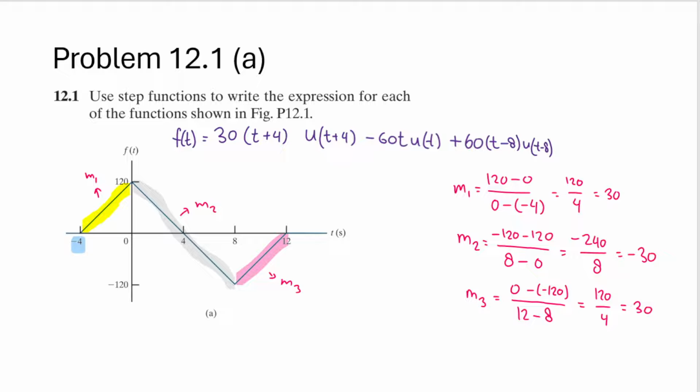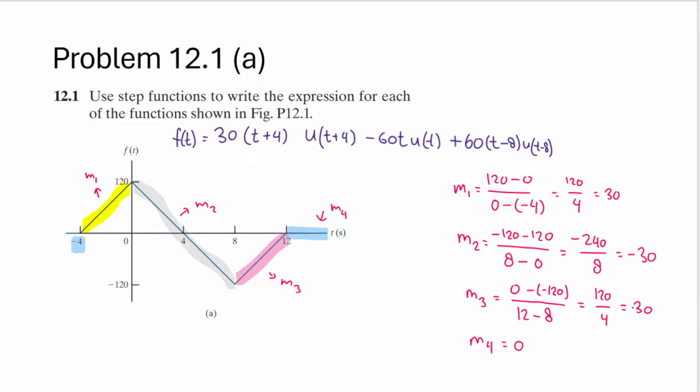Okay, maybe let's name this part here M4. Now we talked about this line here, and because that is a horizontal line, the slope will be 0.